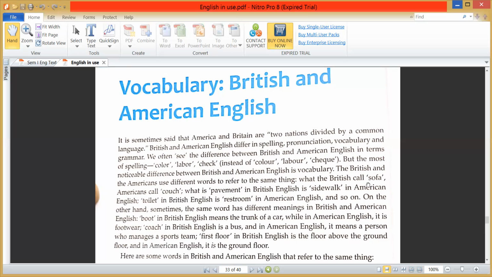So there was a huge difference between the way the aristocrats or elite class communicated and the way the peasants, farmers or lower middle class people communicated.